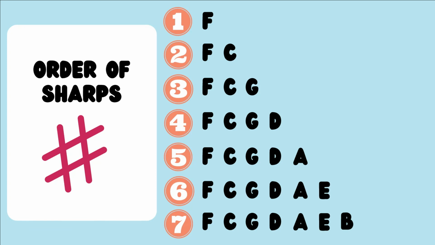If you know all 7, that means you can equally find the other placements of the sharps if they are less than 7.